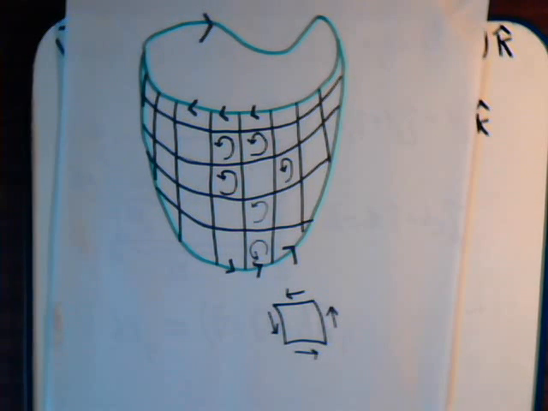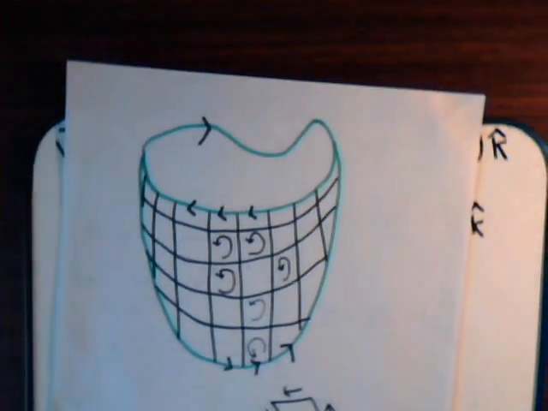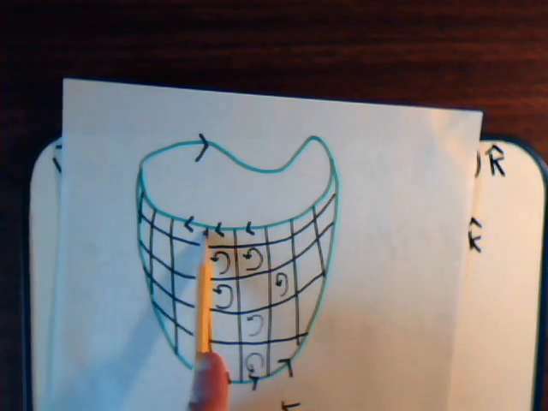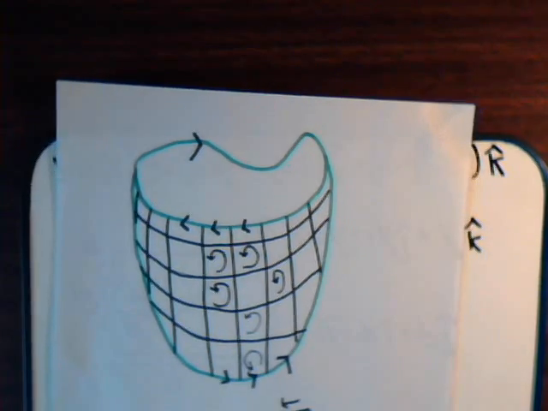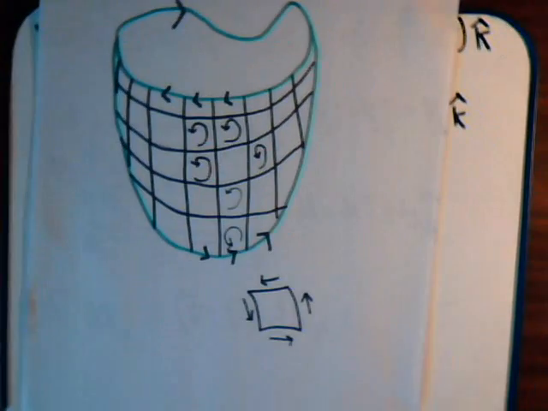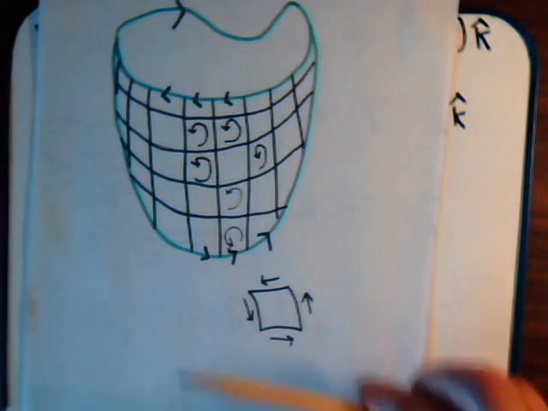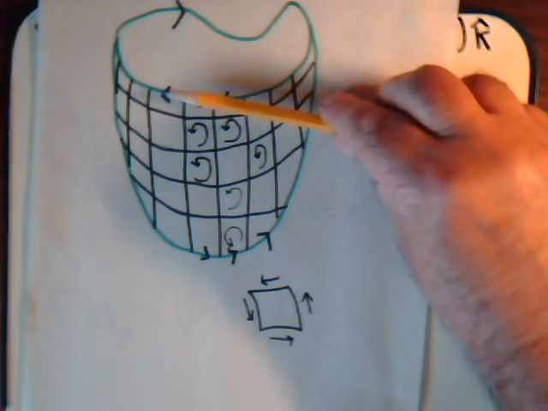Those line integrals cancel. So for all the common boundaries, the line integrals just cancel each other until we get to here. Here there's nothing to cancel. Here there's nothing to cancel. Here there's nothing to cancel. Down here, there's nothing to cancel. So we have this. Remember, this wraps all the way around.